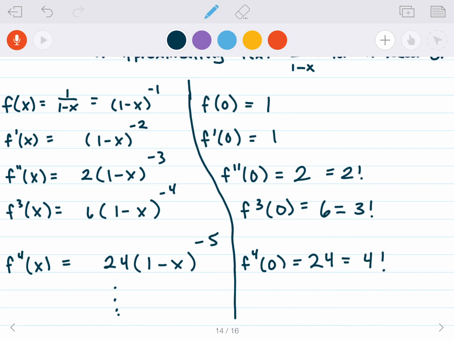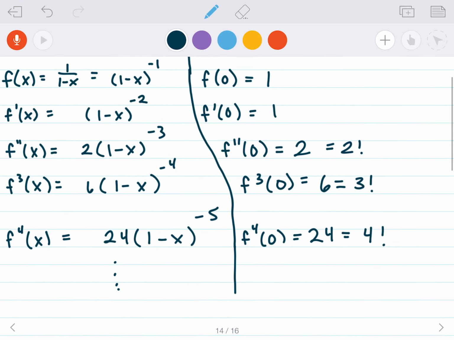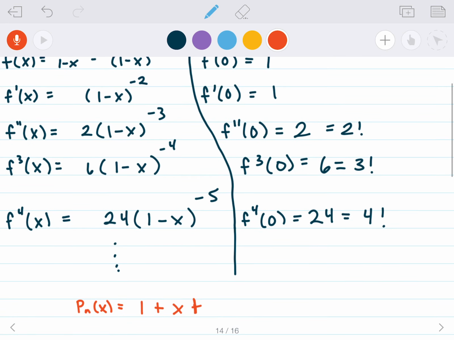So hopefully you guys are seeing a little pattern here. So again, my p sub n of x is going to be f of 0, which is 1, plus 1 times x, which is just x, plus, well, this time we have 2 factorial over 2 factorial x squared.